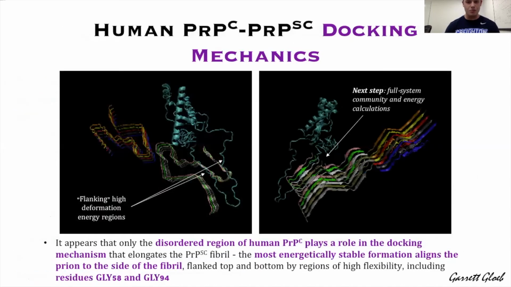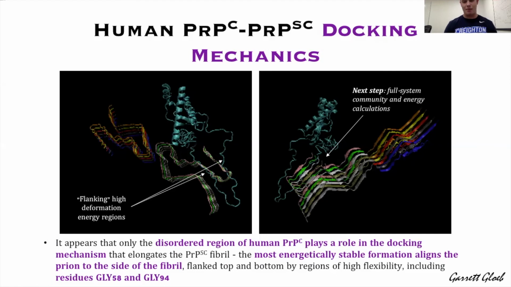So in sum, we can see here that the disordered region of human PrPC, based upon the way that we are analyzing it, seems to play a role in the docking mechanism that elongates a particular PrPSc fibril. The most energetically stable formation aligns the prion to the side of the fibril, and it's flanked top and bottom by the regions of high flexibility, those spikes that we saw in earlier graphs of glycine 58 and glycine 94.